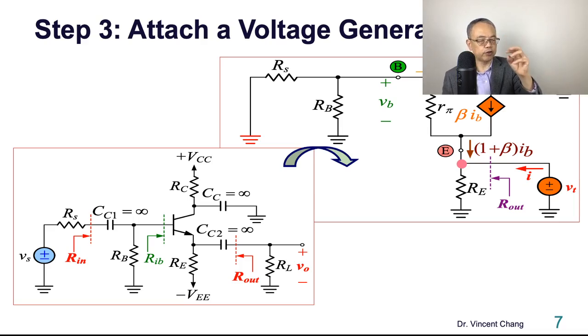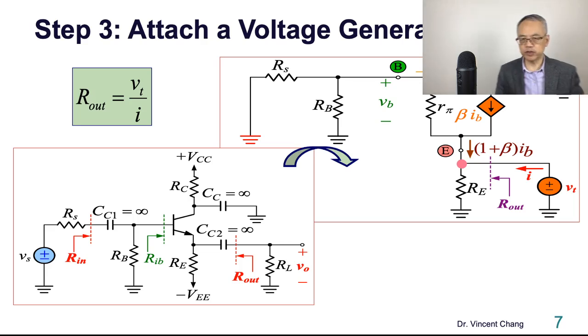The ratio of the VT and I, the relation between the testing voltage and the current, will give you the answer, will interpret the value of the output resistance. VT over I will give you the answer.